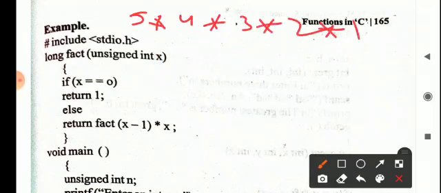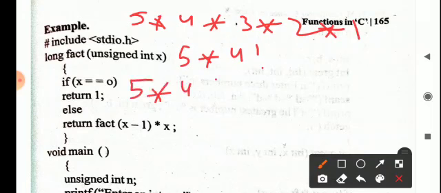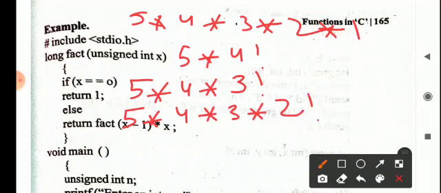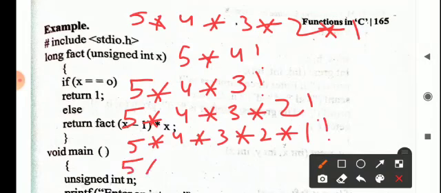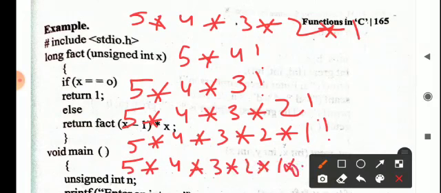As I have said, it is written 5 into 4 into 3 into 2 into 1. For the recursive technique we have to repeatedly do this till it reaches 0 factorial. Factorial of 0 is 1. So, this can be written as 5 into 4 factorial, or if you elaborate further, 5 into 4 into 3 factorial, then 5 into 4 into 3 into 2 factorial, or further 5 into 4 into 3 into 2 into 1 factorial, and then 5 into 4 into 3 into 2 into 1 into 0 factorial.